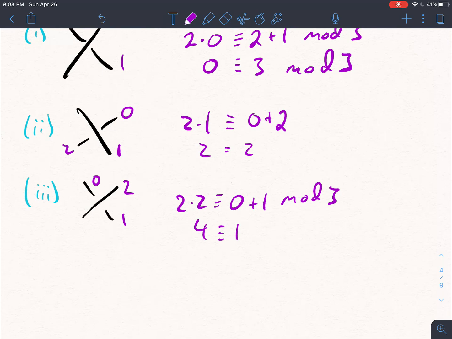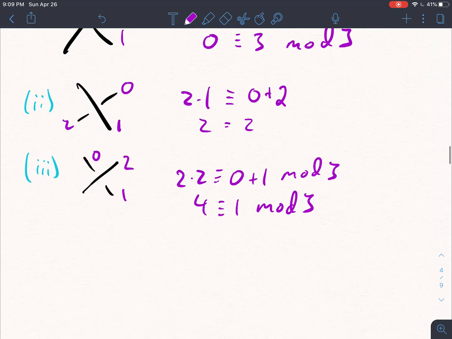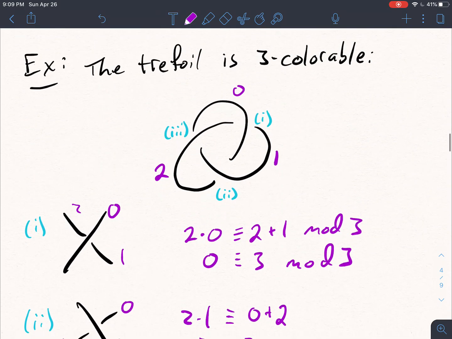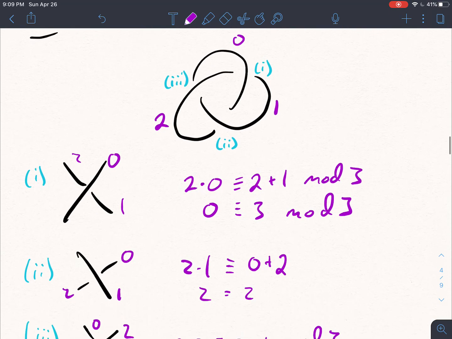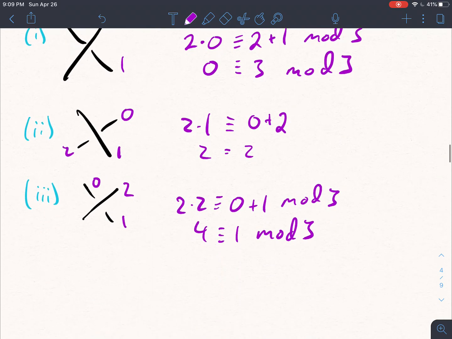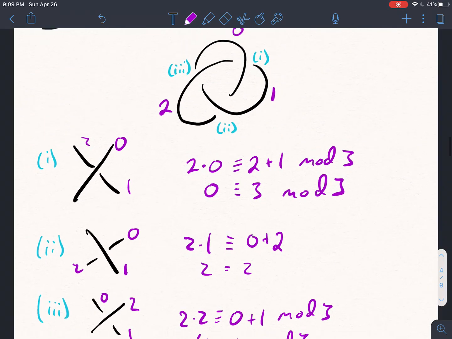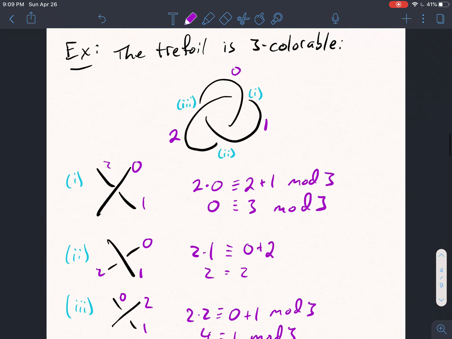And then I should get that 2 times the overstrand is equal to the sum of the understrands, mod 3. So I get 4 on the left and 1 on the right, and in fact those are congruent to each other mod 3. Okay, so this is a 3-coloring of the trefoil.